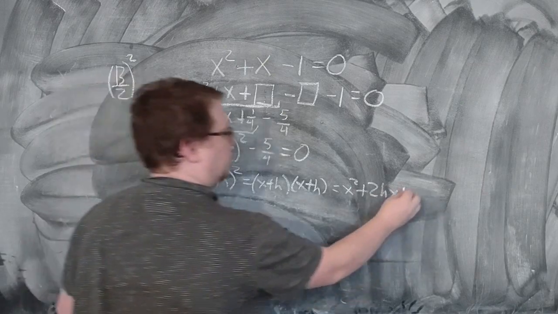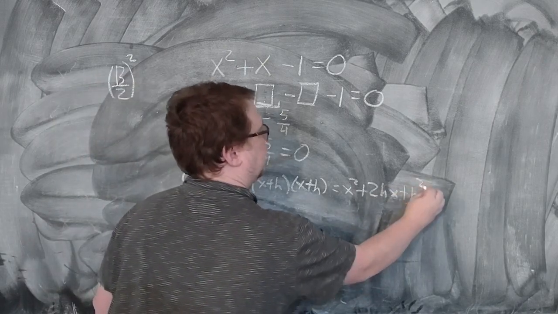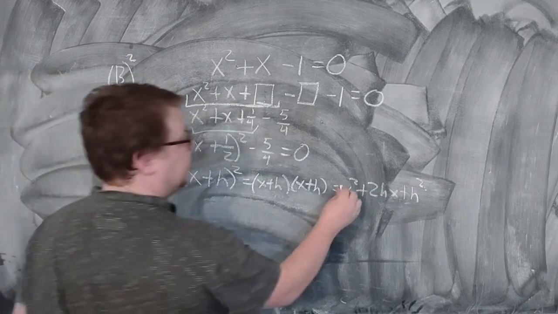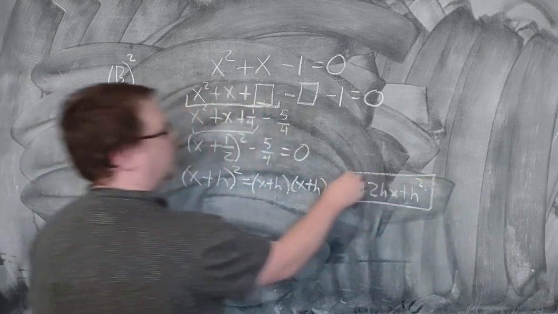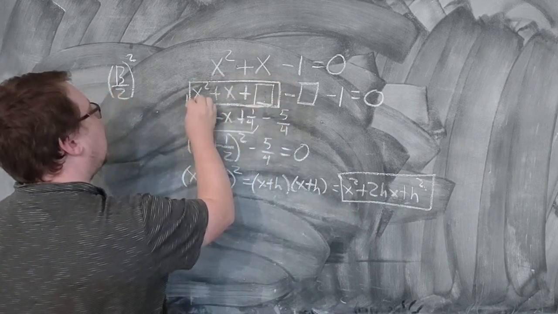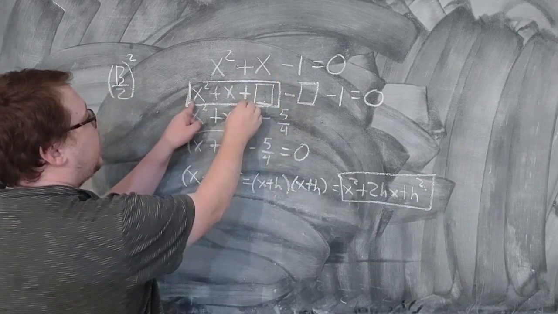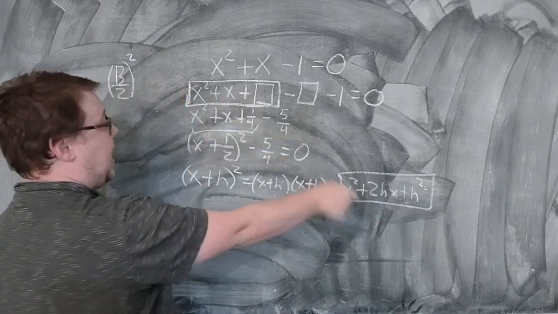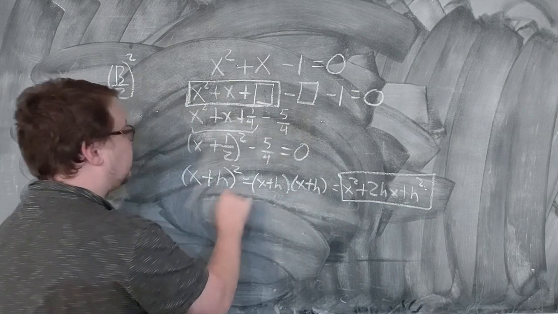2hx plus h squared. So now when we compare this to this, we want this to be the same as that, because if these two are the same, we know it factors into this.